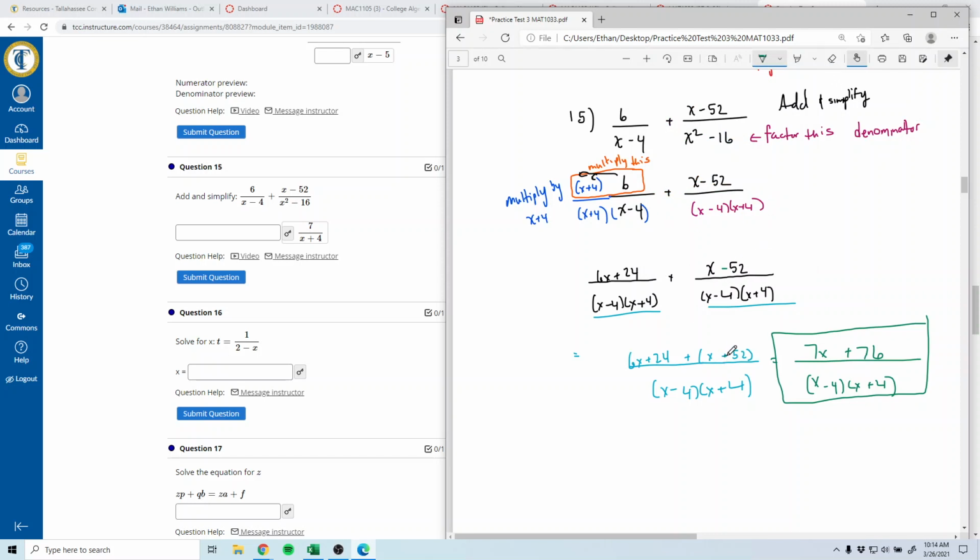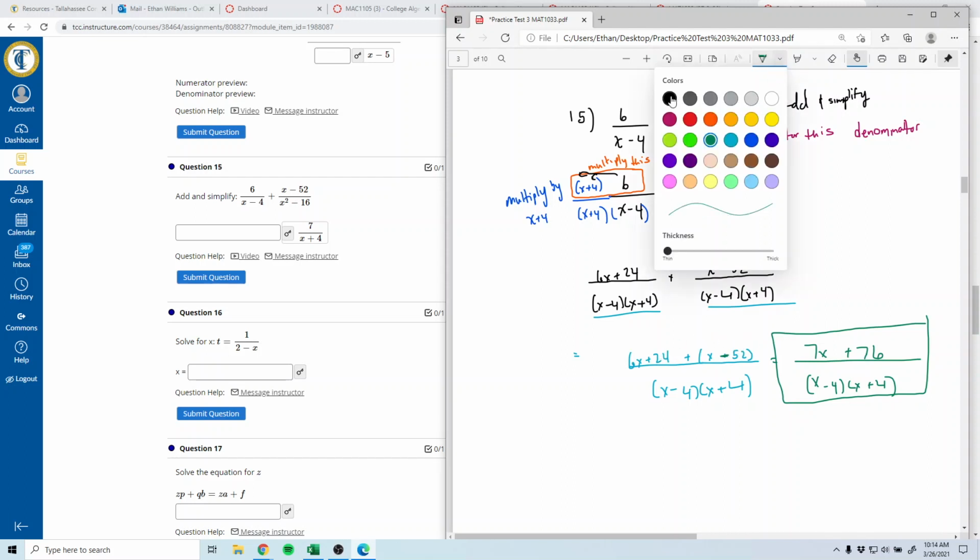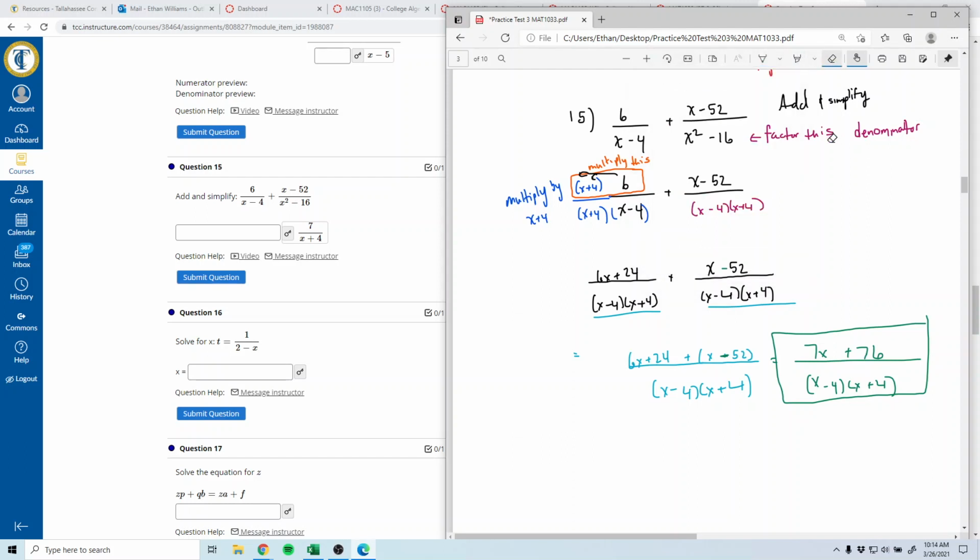And then that's going to be a minus down here. 24 minus 52 is negative 28. I get rid of this, and let me also get rid of that box. And that plus needs to be a minus. Okay. 24 minus 52 is negative 28.